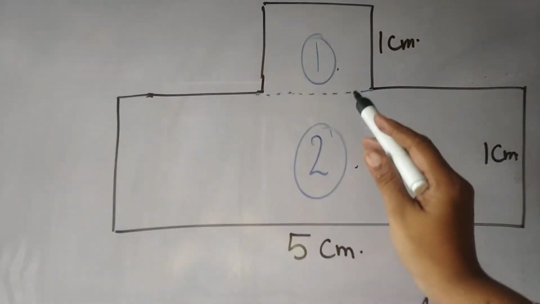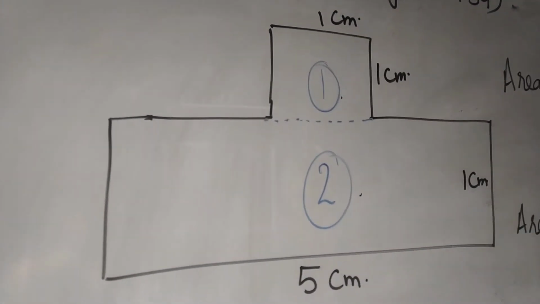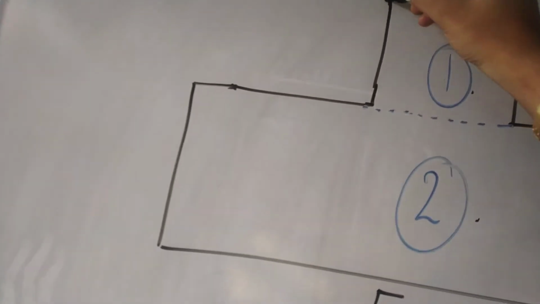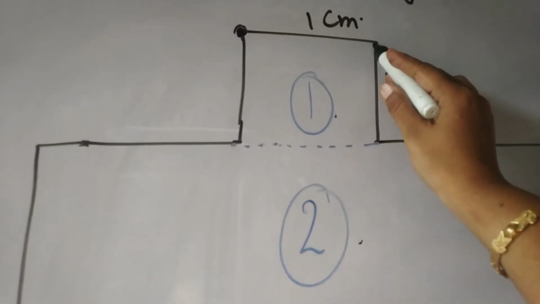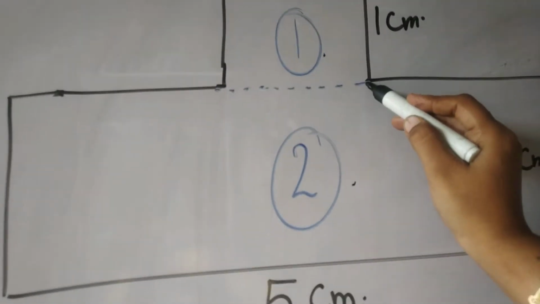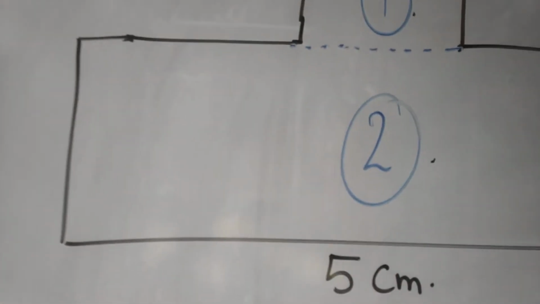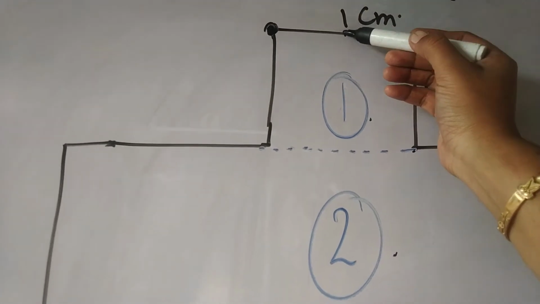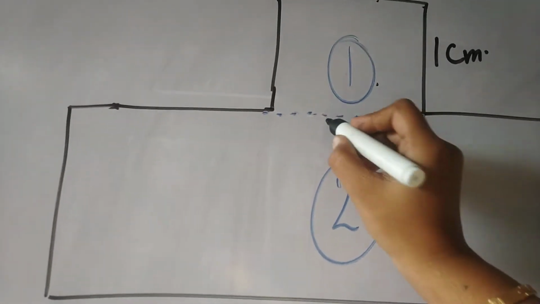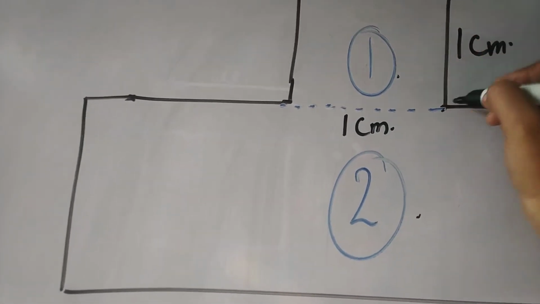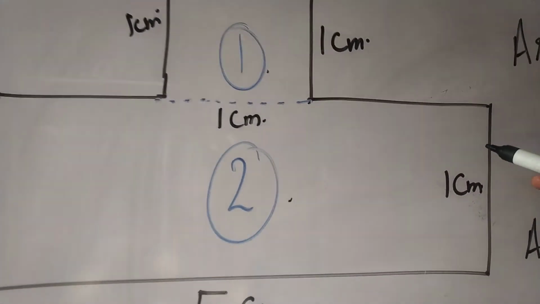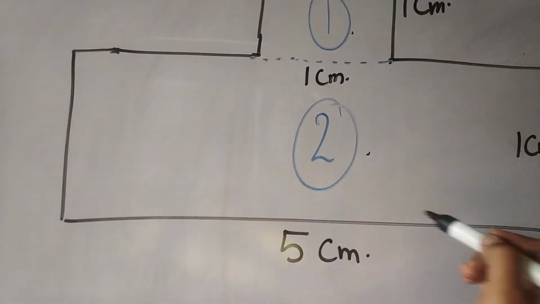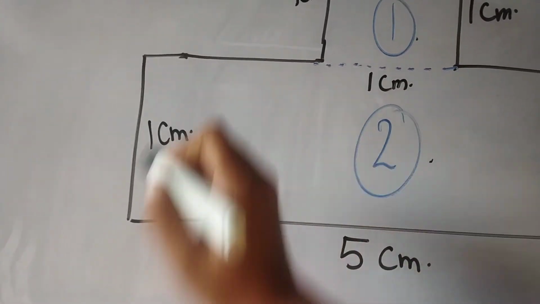Now for this same figure, I will find the perimeter. So for the perimeter, I will start from here. Okay? So as it is 1 centimeter, this is 1 centimeter. Because this is square, so this will also become 1 centimeter and this will also become 1 centimeter. Just like that, as this is 1 centimeter, it's a rectangle, so this will also become 1 centimeter.